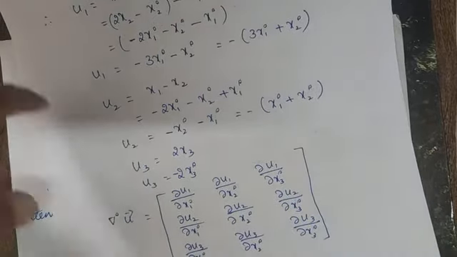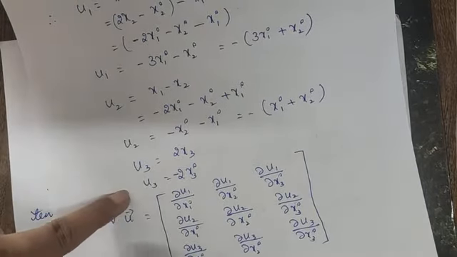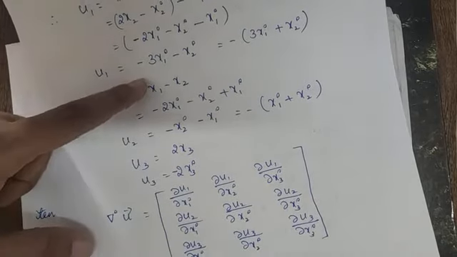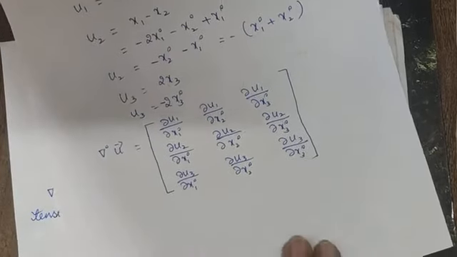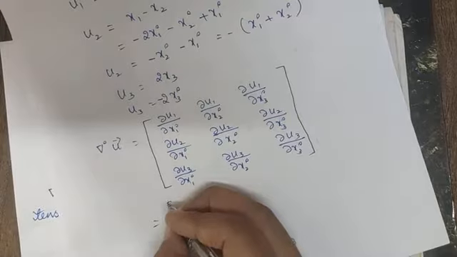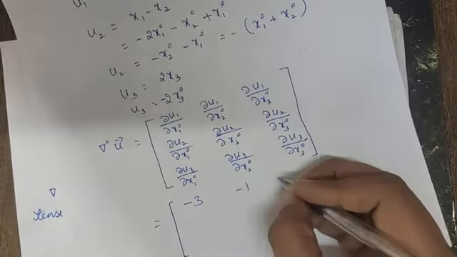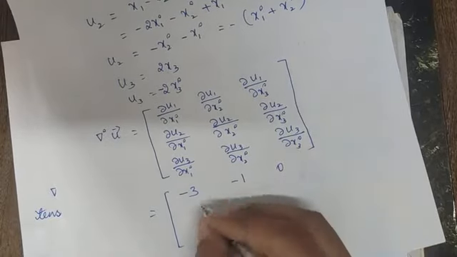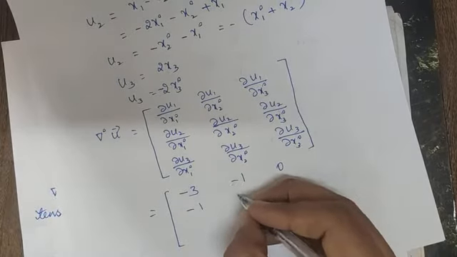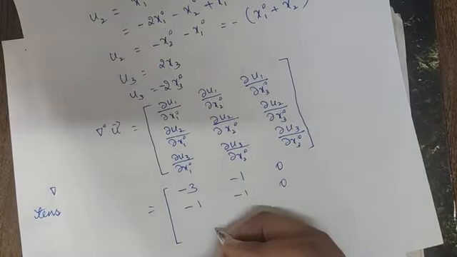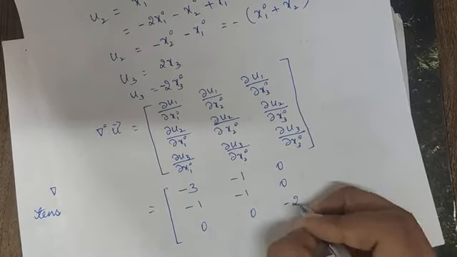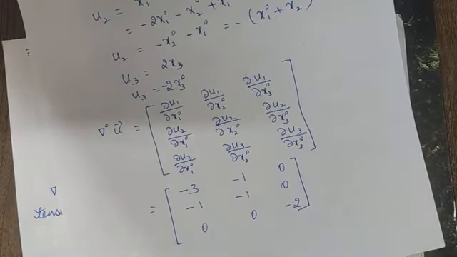So you know the values of u1, u2, u3. Differentiate those values with respect to x1 naught, x2 naught as well as x3 naught. I will write the values directly. You will get minus 3, minus 1, 0, minus 1, minus 1, 0, 0, 0, minus 2. This is your del naught u.